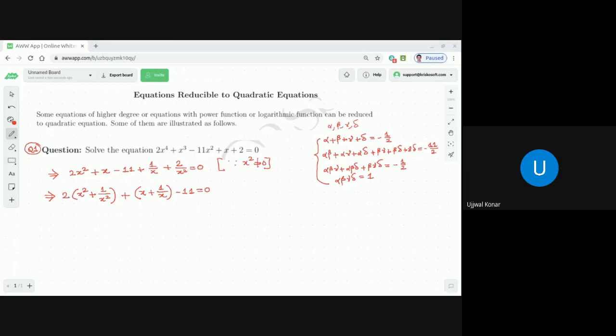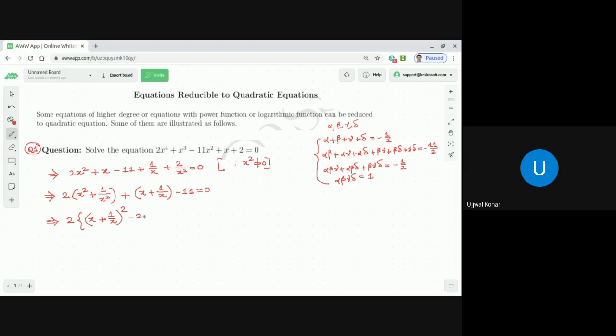After that, what are we going to do? We are going to let x plus 1 by x be equal to y. Or we can simplify it a little bit also. So this implies 2 into, what is x square plus 1 by x square? It is x plus 1 by x whole square, a plus b whole square, correct or not?